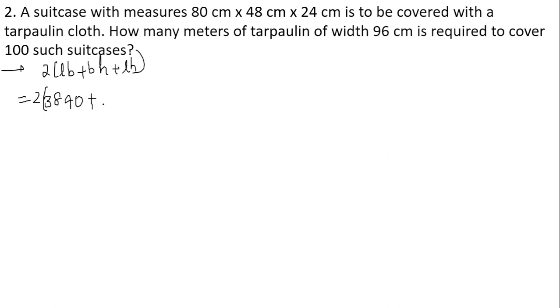Breadth into height, 48 into 24, gives 1152, plus length into height, 24 into 80, gives us 1920.